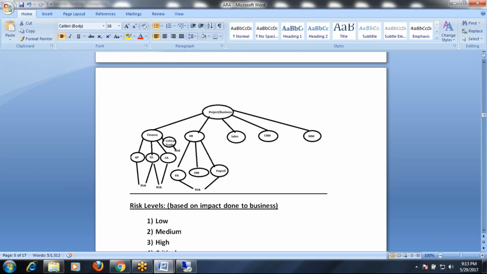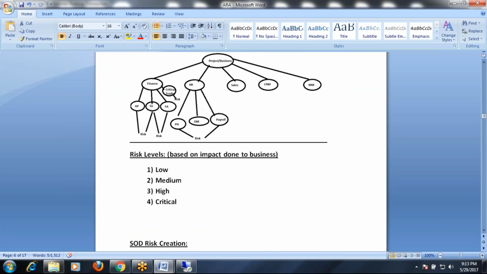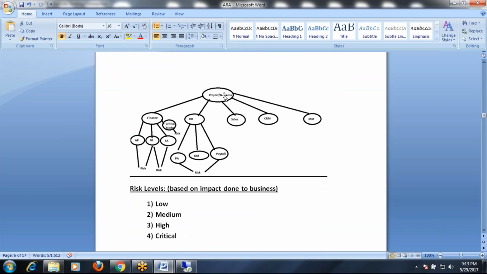So let me show an example. Yeah, this is one example you can see. Suppose your project or business has the following business processes, following domains: finance, HR, sales, CRM, and MM. Within finance, I have functions like AP, GL, FA: accounts payable, general ledger, fixed assets.